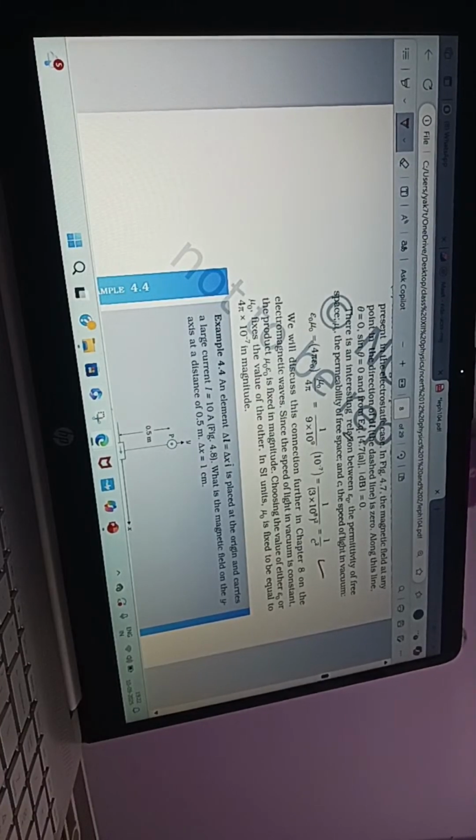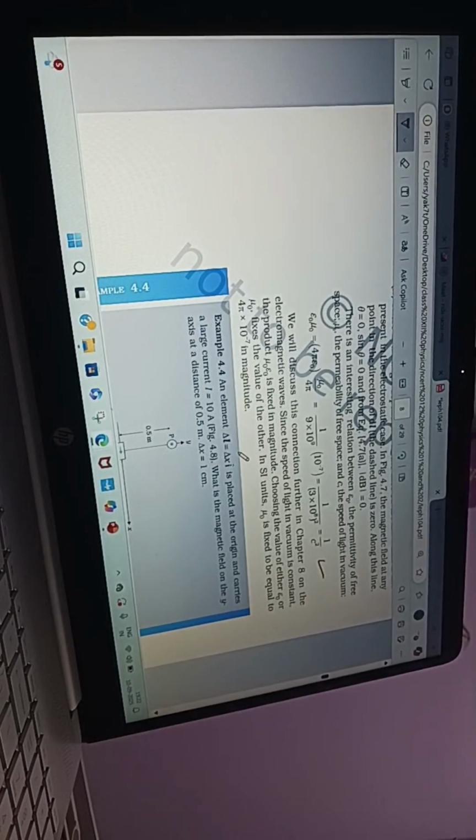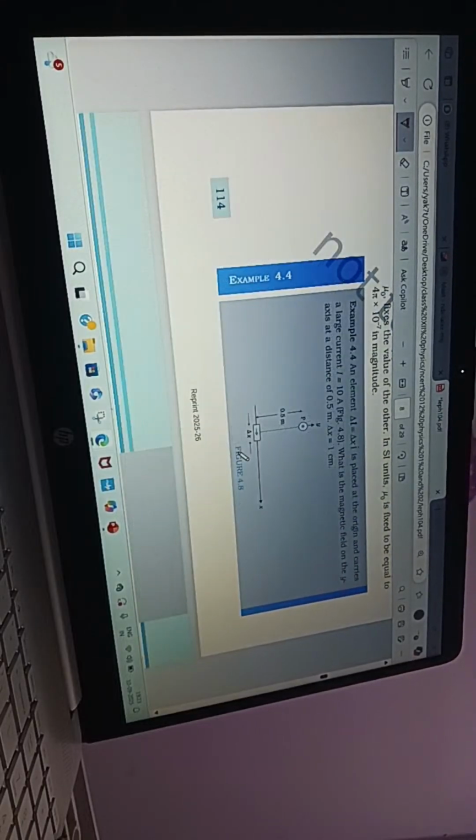No, sir. May I skip? Yes, sir. It will also come in electromagnetic waves, this equation. I'm skipping it now. Okay. This one.